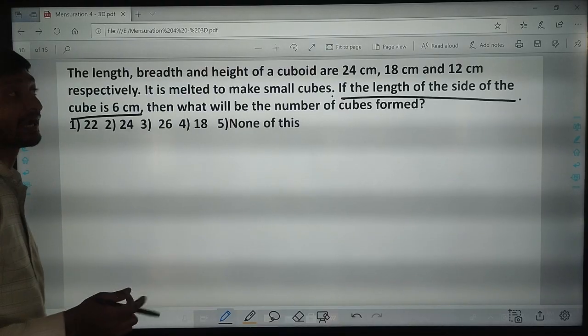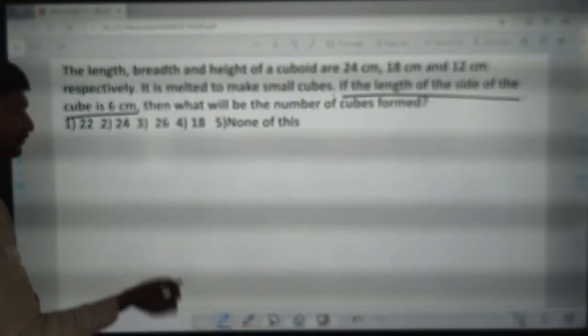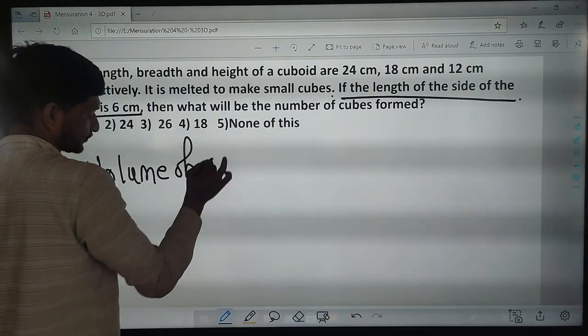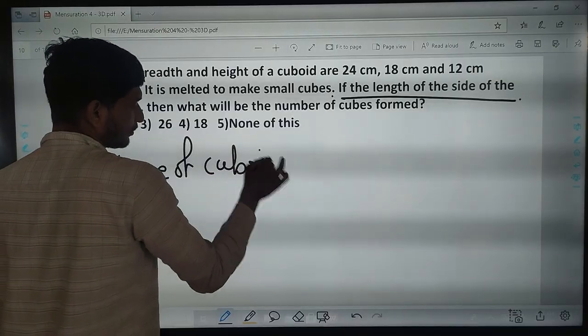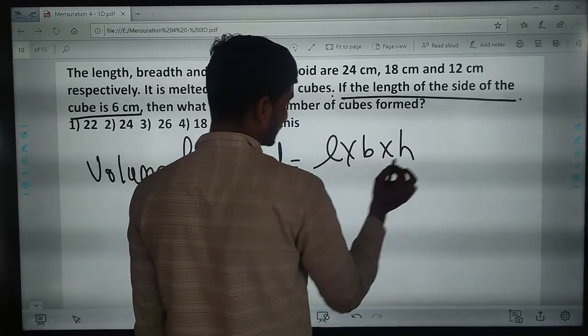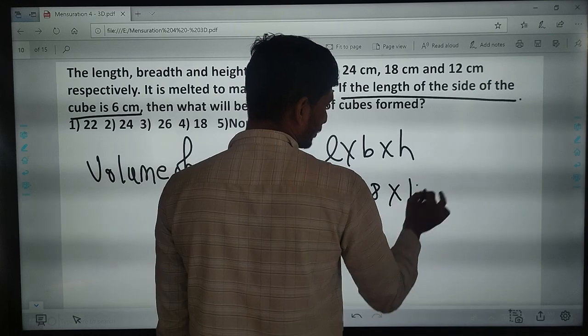Firstly we find the volume of the cuboid that will be melted. Volume of cuboid is L into B into H, so the volume is 24 into 18 into 12.